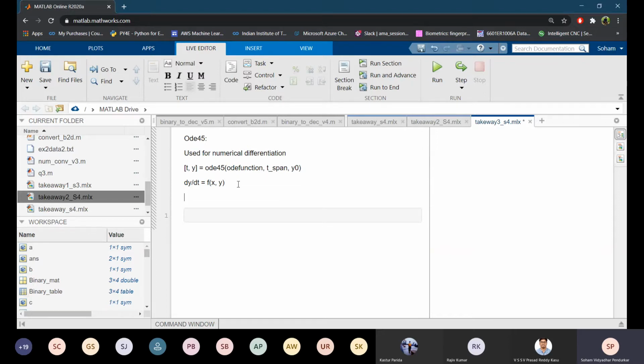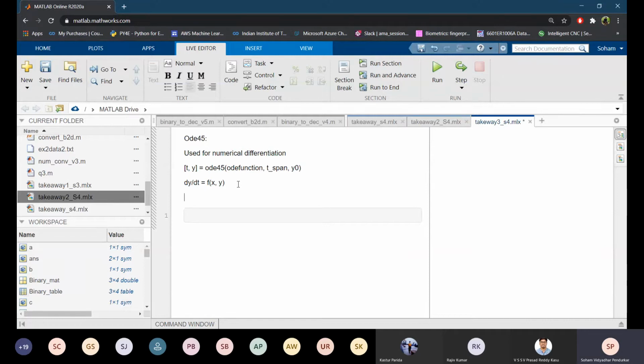Okay, so the differential equation is like this: d2x by dt square. Just a minute. Give me a minute. Okay. Where is it? Yeah.